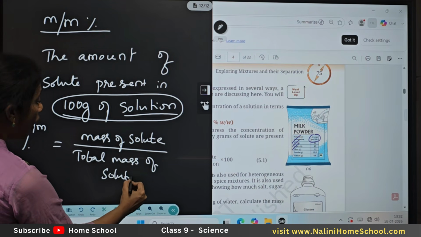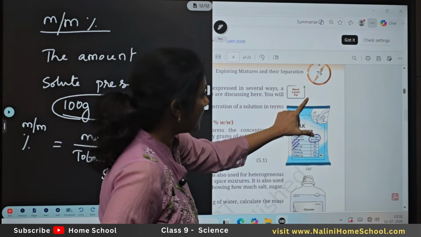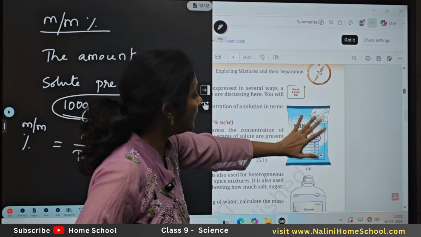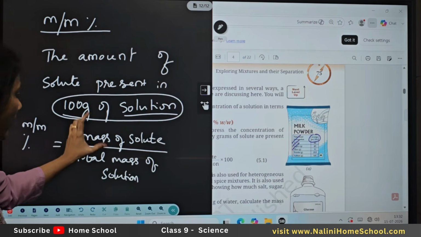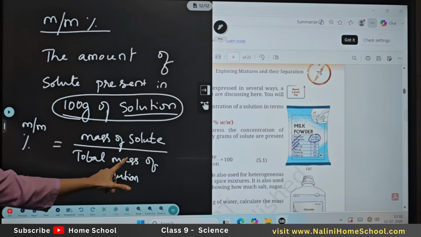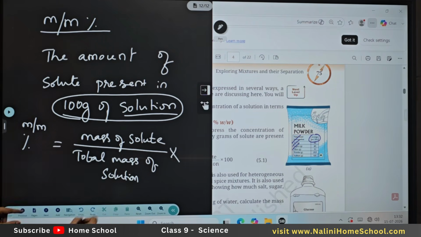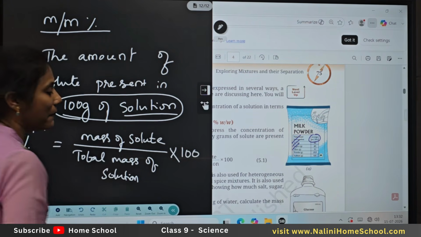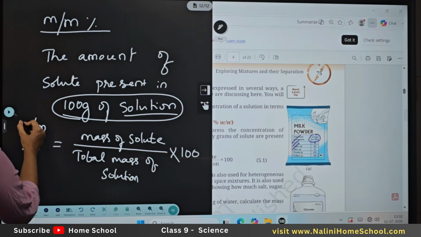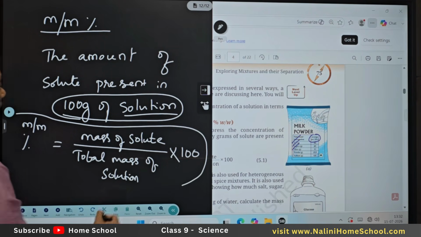Solution means what? All the solutes plus solvent. If you combine, you get the total mass of solution. Multiplied, we are calculating percentage, and percentage always means multiplied by 100. Guys, this is the formula for mass by mass percent.